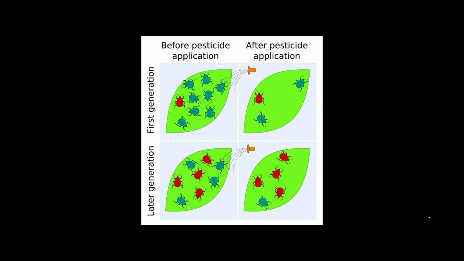See here, this same thing was already discussed previously. Due to the spray of this pesticide, all the green-colored pests are eradicated, and at the same time, due to mutation, a new variety of pests arrived, which is red-colored. In future generations, they have the resistance power to fight against the particular pesticide.